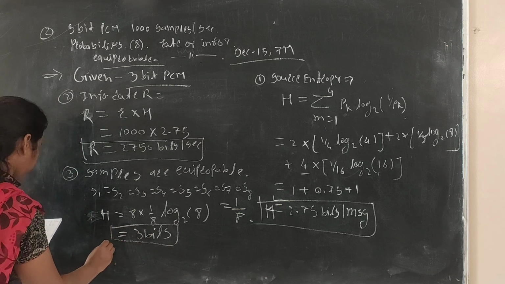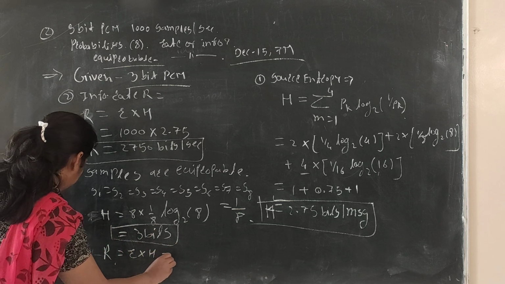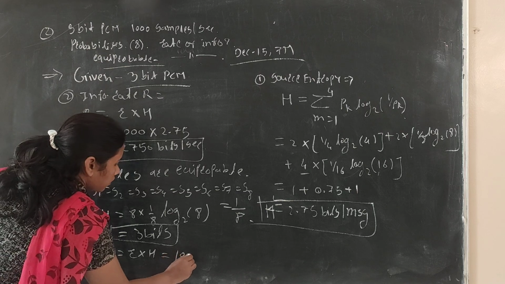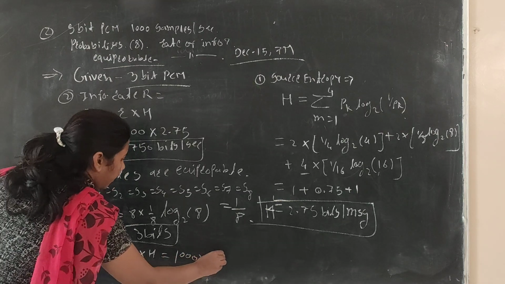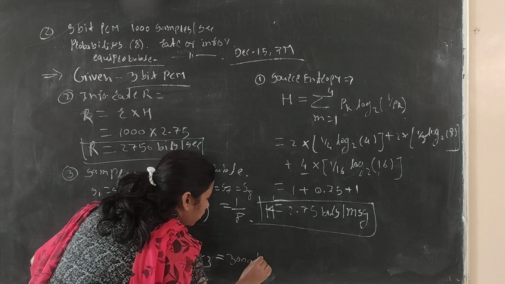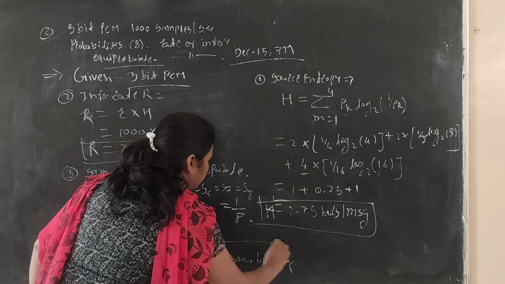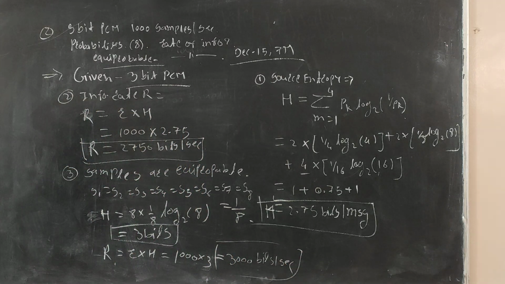And the rate of information R is r into H, which is 1000 into 3, and the answer is 3000 bits per second. This is the answer for this numerical. As we have seen, these were the 2 numericals on PCM.